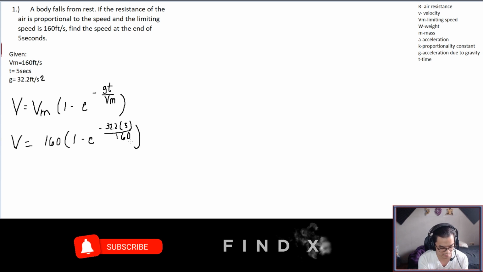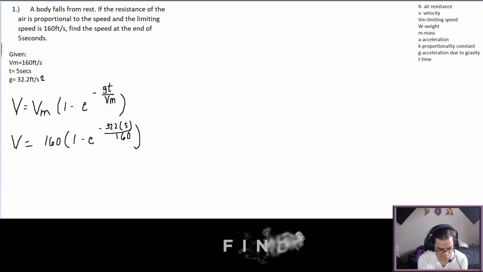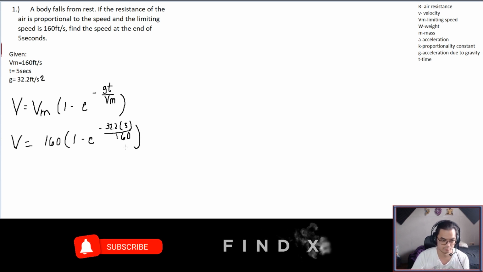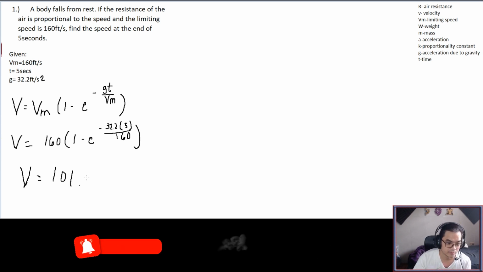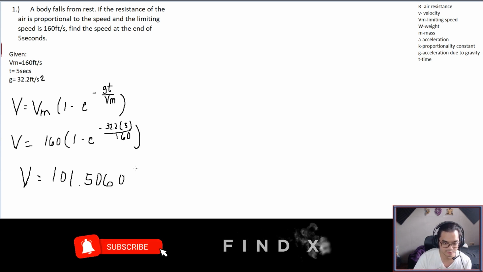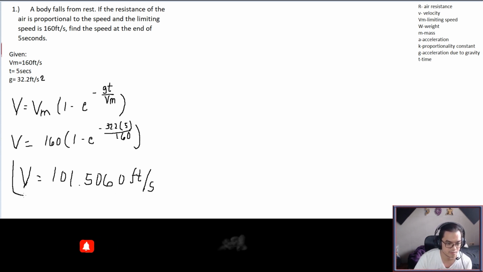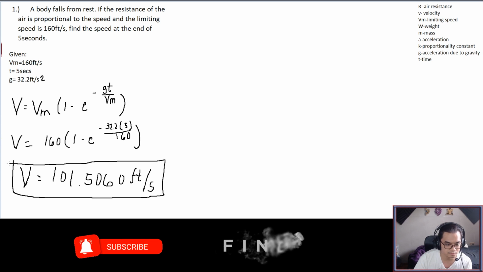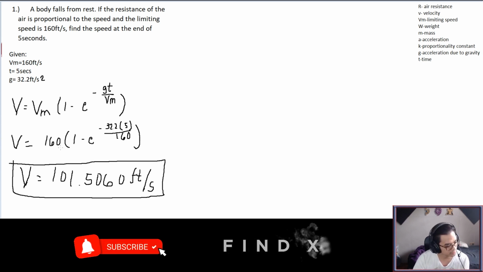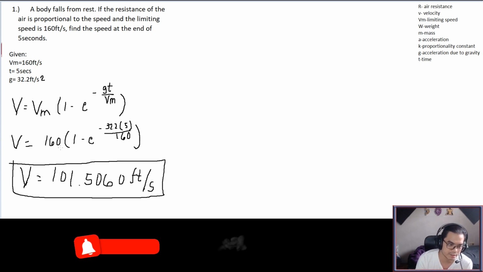That's 160 times 1 minus e raised to negative 32.2 times 5 all over 160. So the answer is 101.560. This must be feet per second. Yes. So as you can see, this is just direct substitution if you already know the formula.